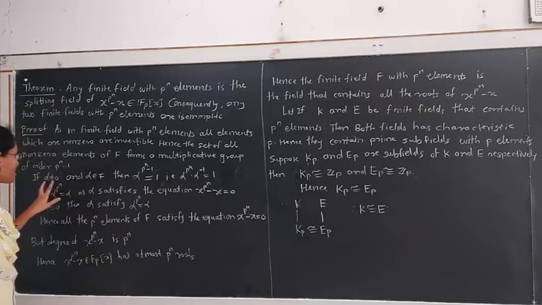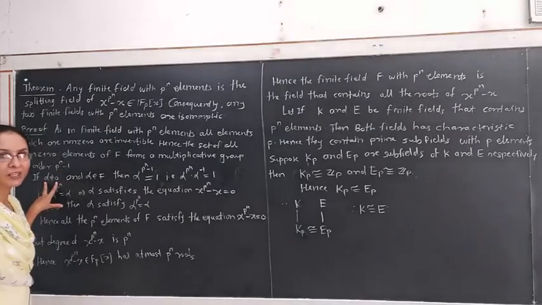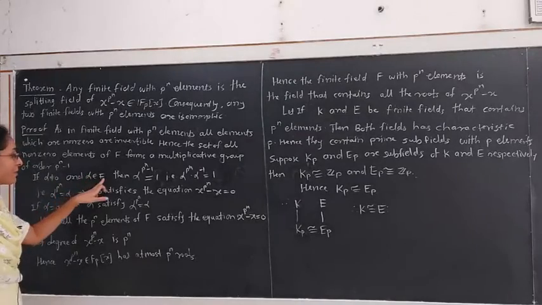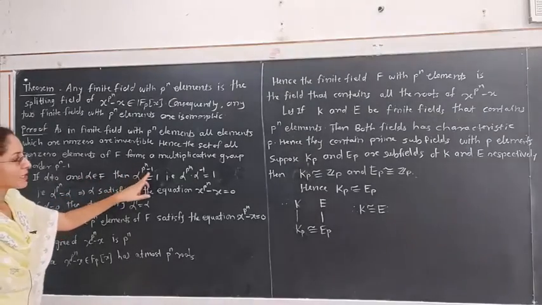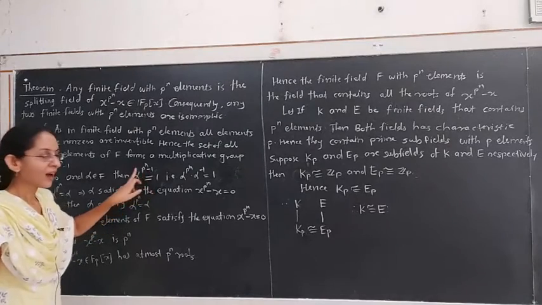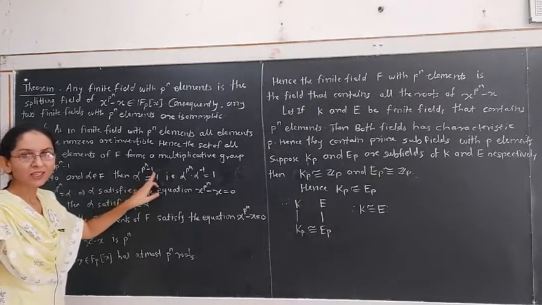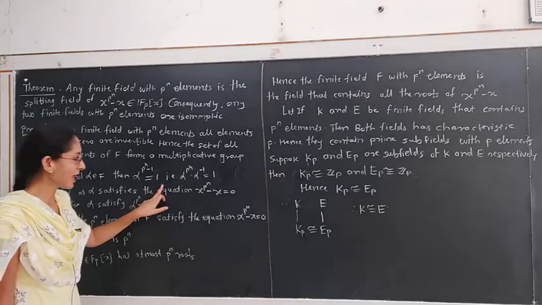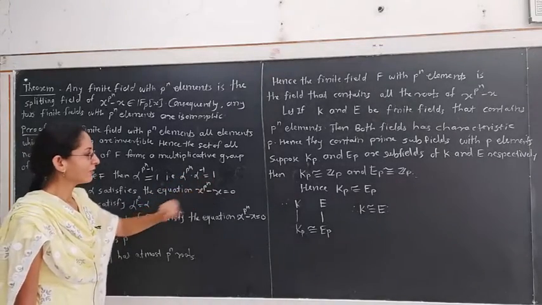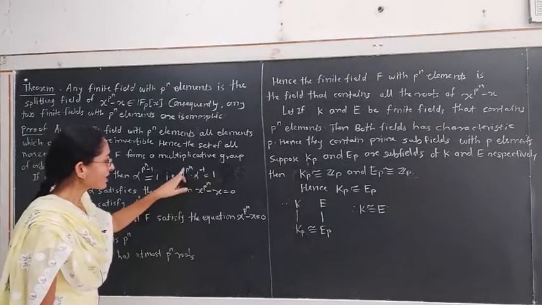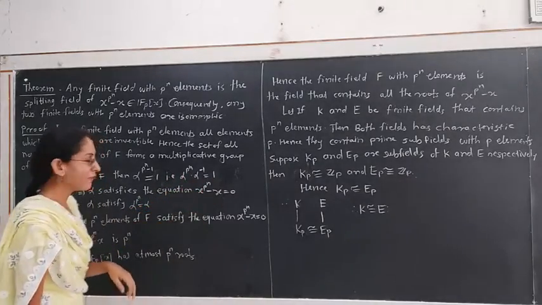Hence, if alpha is not equal to 0, meaning alpha is invertible and alpha belongs to F, then the order of alpha divides p raised to n minus 1. That is, alpha raised to p raised to n minus 1 equals 1. We can write this equation as alpha raised to p raised to n equals alpha times 1, which means alpha raised to p raised to n is equal to alpha.